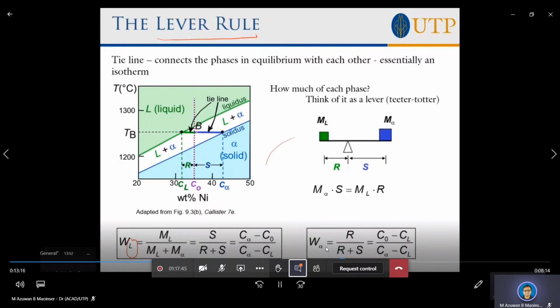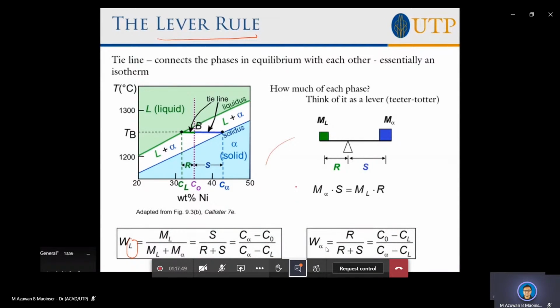So this is the opposite side. Macam tu lah. So this one is just to derive, to show you about lever rule. If you understand how to do that, you just use it, tak payah prove it. Okay. Alright, so that's what lever rule is about.